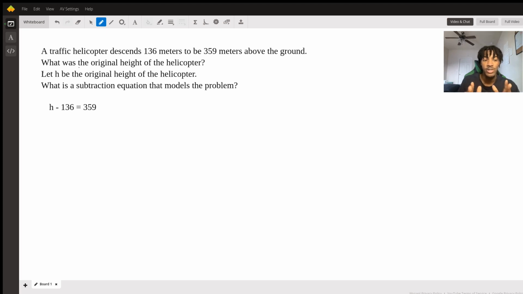In equations, whether they're one step or two step, you always have the variable, which is h. You always have a coefficient. Sometimes here we don't have a coefficient. A coefficient would mean that there is a number next to or in front of the variable. And then we have a constant. 136 and 359, these are our two constants.